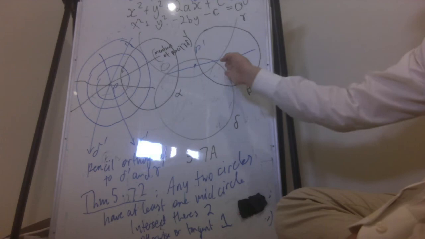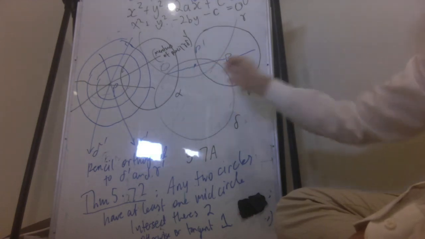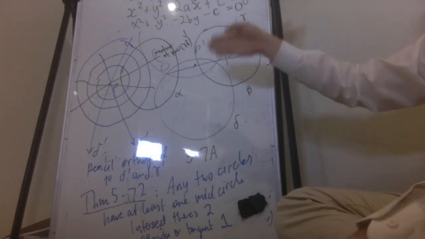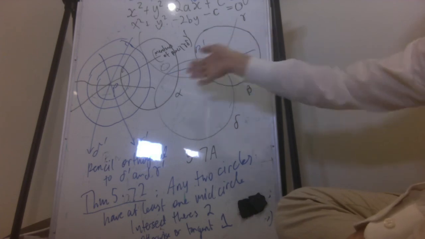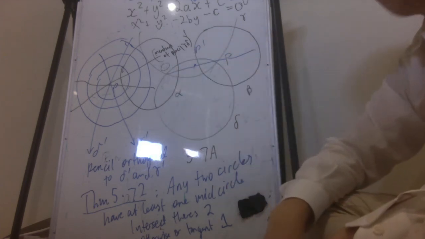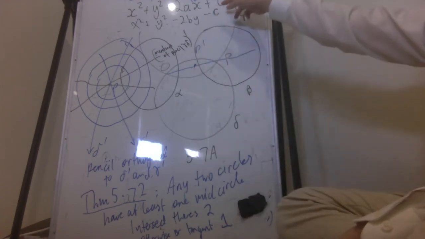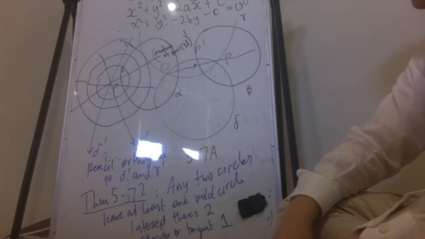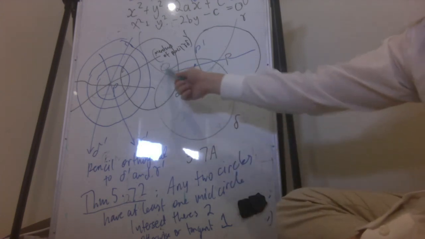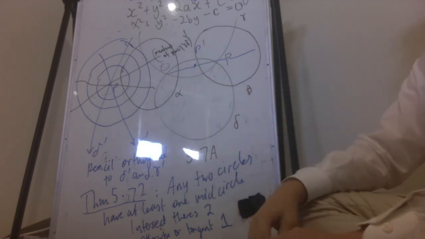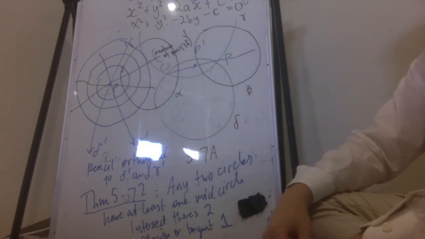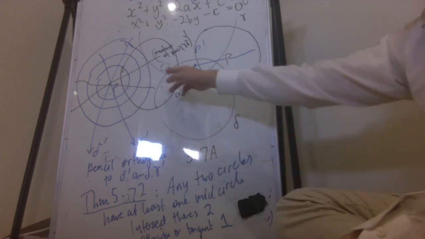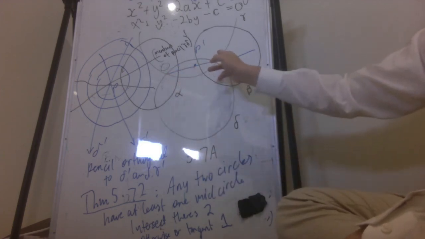The O and P are the x-intercepts, right?